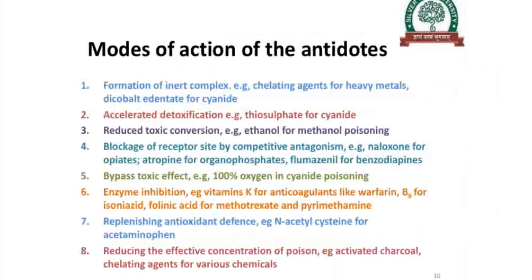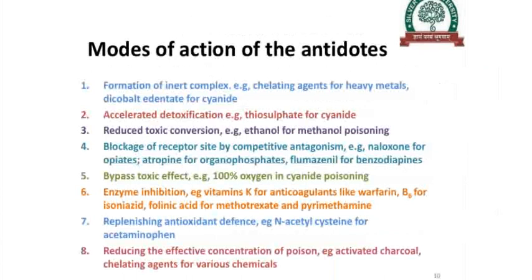Since the receptor site is no longer available and the complex between the poison and the receptor site could not be made, the poison cannot show its toxic effect, and it will be excreted out of the body in this manner.